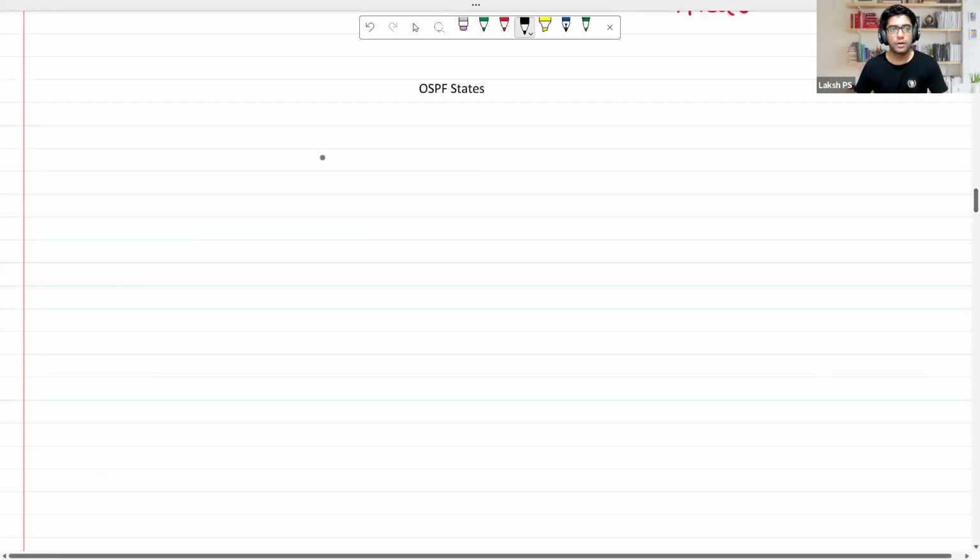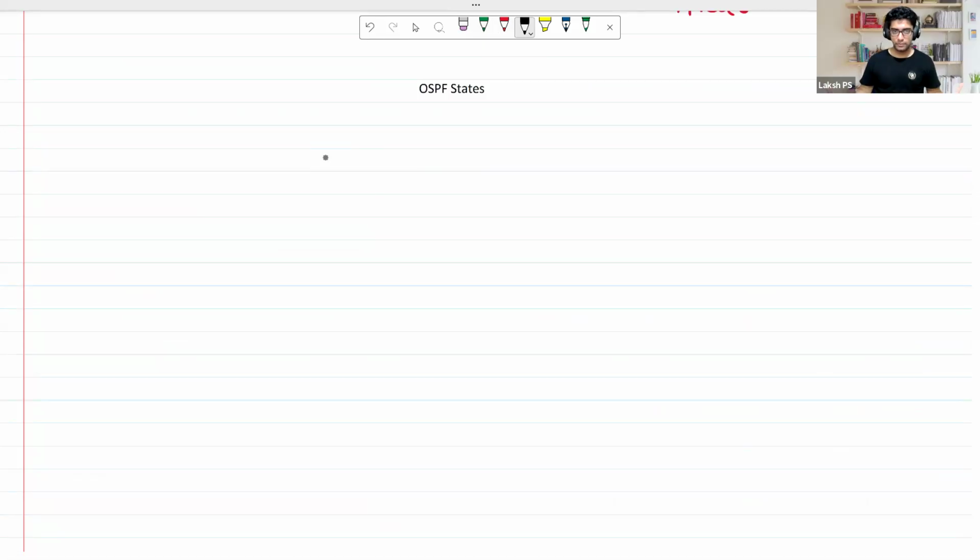So now, once OSPF is enabled on the two routers, R1 and R2, and they start to send OSPF hello messages, what are the things that happen?